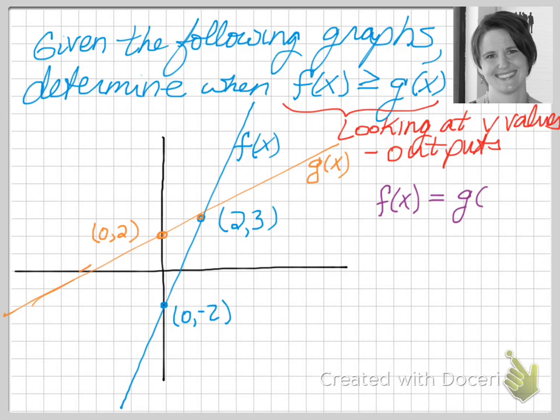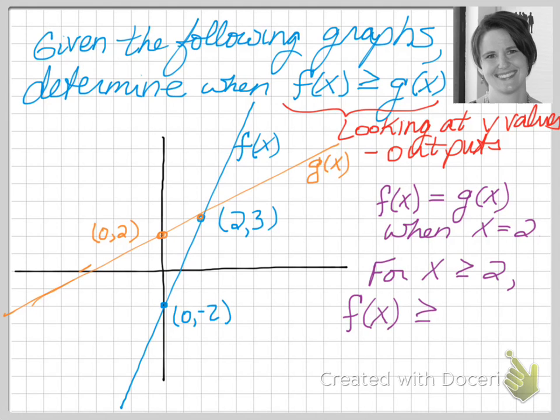Well, f(x) equals g(x) when x equals 2. If we look at x values bigger than or equal to 2, f(x) is bigger than g(x). One way I like to look at this is to compare points with the same x value. Oops, that's a typo.